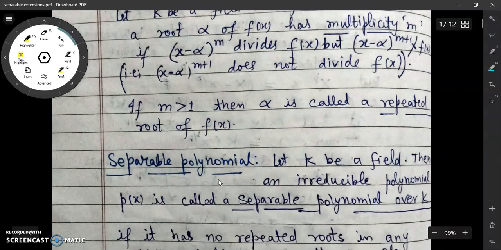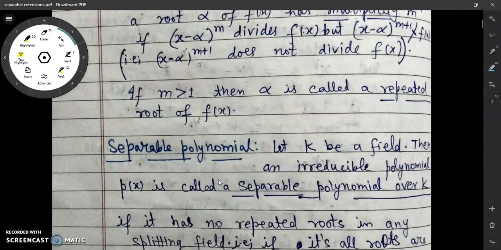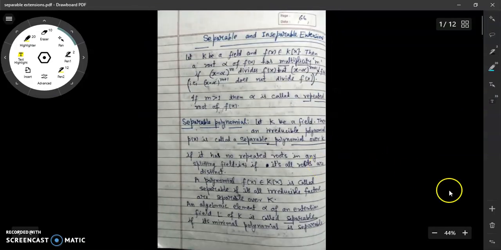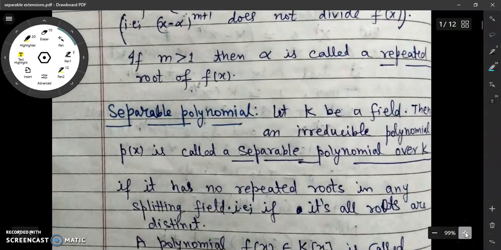We now come to the definition of a separable polynomial. Suppose that K is a field, then an irreducible polynomial p(x) is called a separable polynomial over K if it has no repeated roots in any splitting field.